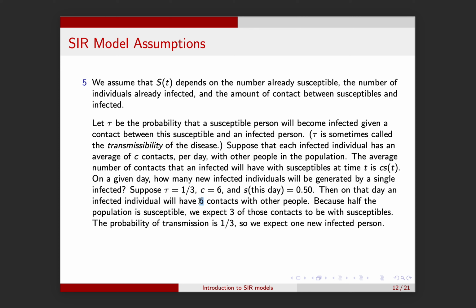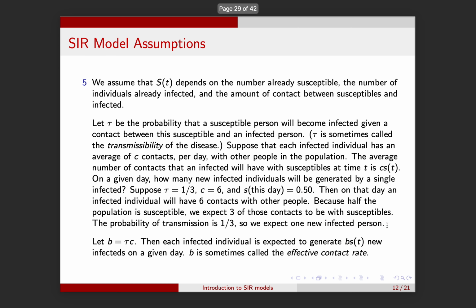So anyway, 6 contacts, half the population is susceptible, so 3 of those contacts are with susceptibles. The transmission probability is a third, so a third times 3 is 1. So on a given day, assuming these 3 numbers, each sick person will generate 1 new sick person. As this probability goes up, as this C value goes up, as this proportion goes up, you're going to generate more than 1 new sick person.